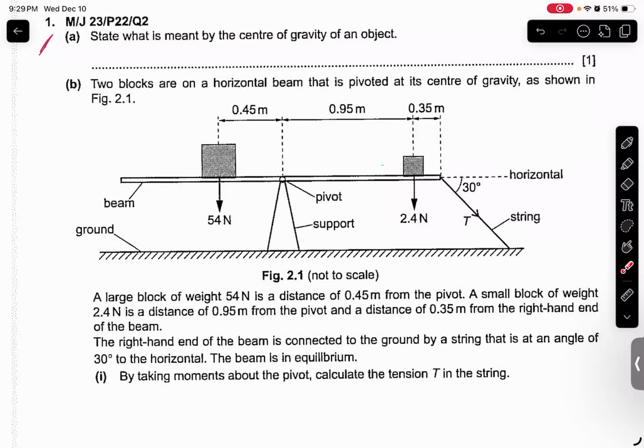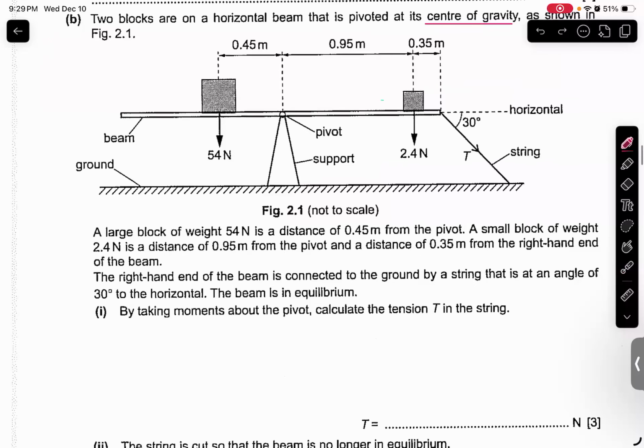Now let's read it out. Two blocks are on a horizontal beam that is pivoted at its center of gravity. A large block of weight 54 newtons is a distance of 0.45 meters from the pivot. A small block of weight 2.4 newtons is at a distance of 0.95 meters. The right-hand end of the beam is connected to the ground by a string, over here.